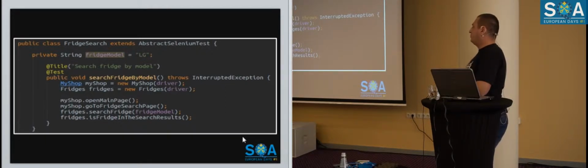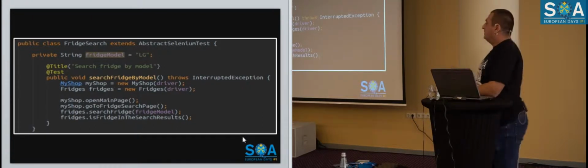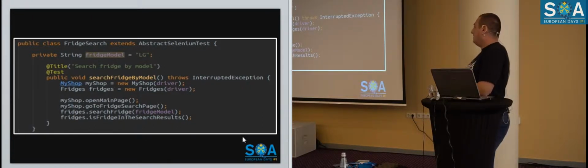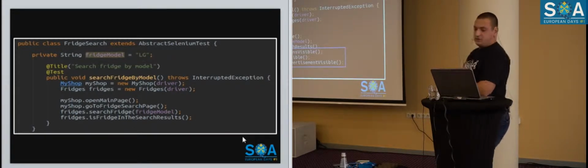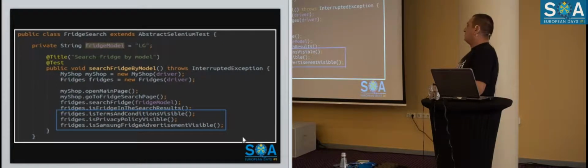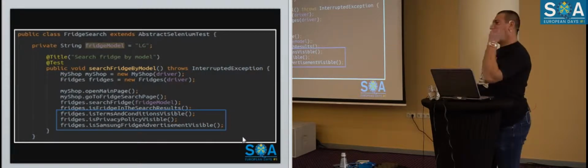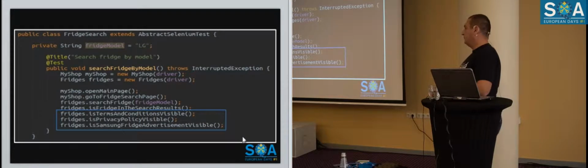And the same applies to secondary tests. I ran across this once, and I found that these guys had a lot of problems of this kind. So we opened the page, tried to locate the brand of refrigerator that we want, and see that it is highlighted in results. We also make sure that privacy policy and refrigerator advertising is there.